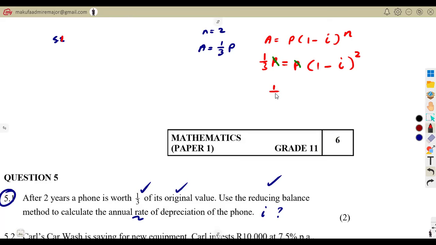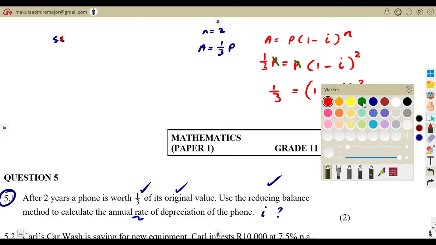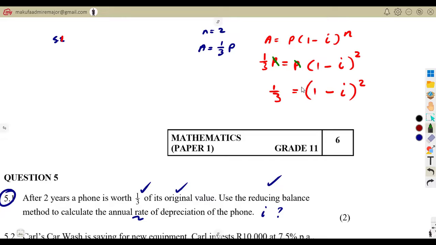So it will be just at this stage, a third is equal to 1 minus i to the exponent of 2 like this. Introduce what? The square root. There's a square there. So you have to introduce the square root on both sides. By introducing the square root, we are getting rid of what? Of the square. And this is the square root of what?